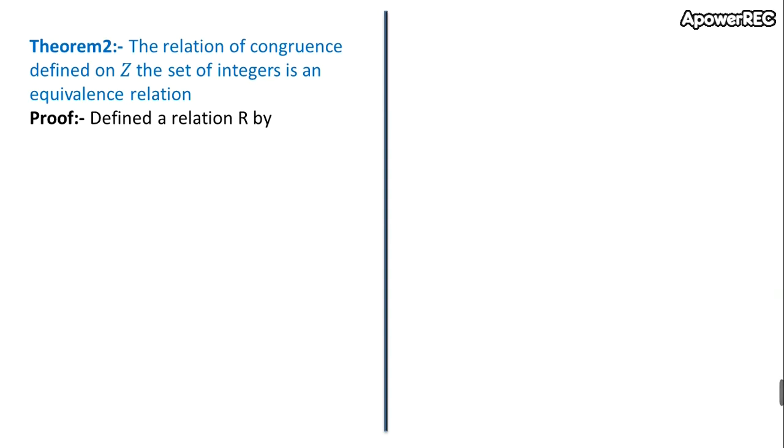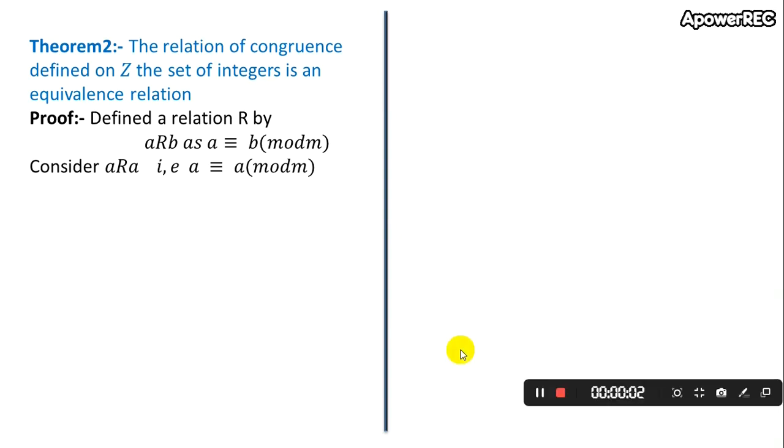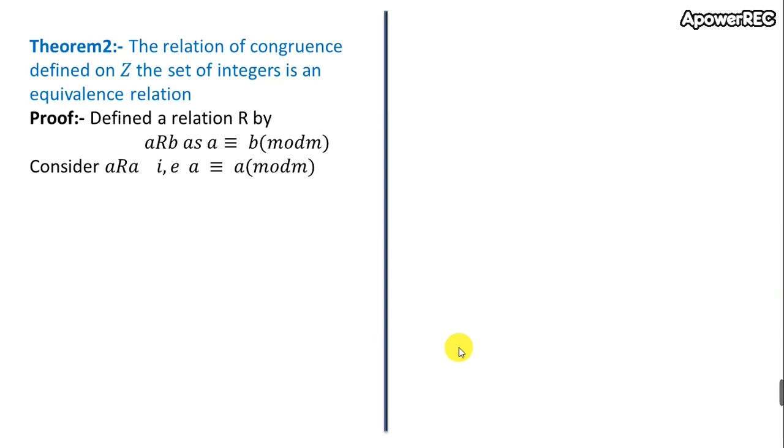Define a relation capital R by a relates b as a congruent to b mod m. Consider a relates a, that is a congruent to a mod m, which is nothing but, by the definition of congruence, m divides a minus a. a minus a is nothing but 0.